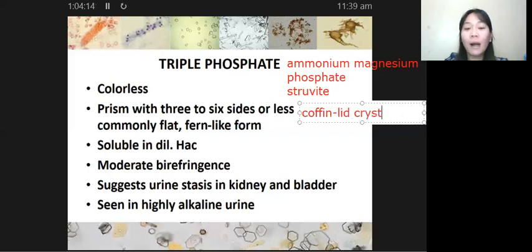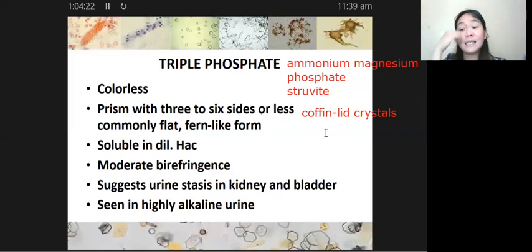Tinatawag din po silang coffin lid crystals. Wag malilito ha. Meron tayong envelope crystals, 'di ba? So ano yung envelope crystals natin? We have your wedellite or your dihydrate. Ito namang si triple phosphate, coffin lid crystals naman po siya. Okay? So it is soluble in dilute acetic acid.